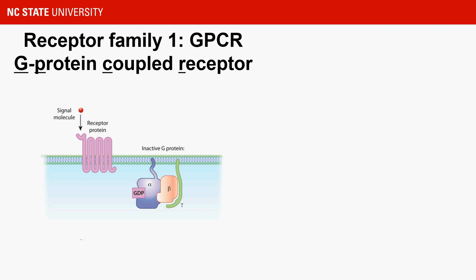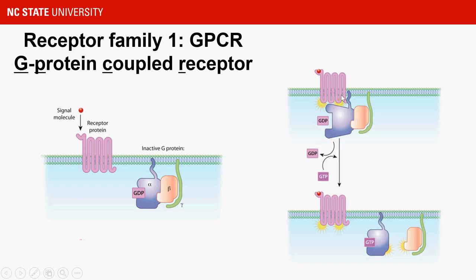One receptor example is the G-protein coupled receptor. The G-protein coupled receptor is a 7 transmembrane receptor family, and after binding with a signal molecule, it can activate the small G protein it is associated with. After binding with the signal molecule, this receptor will have an open domain that can interact with this small G protein.